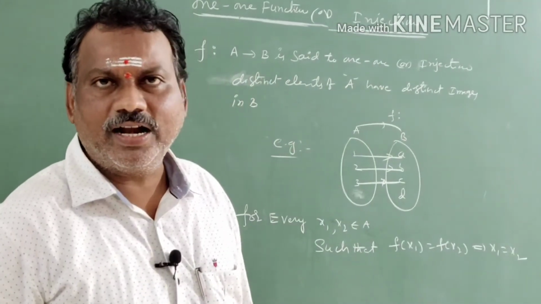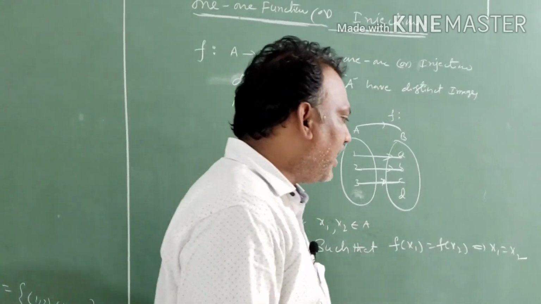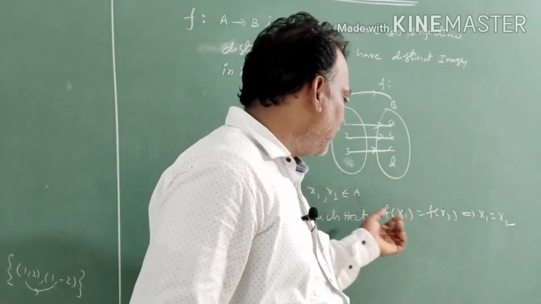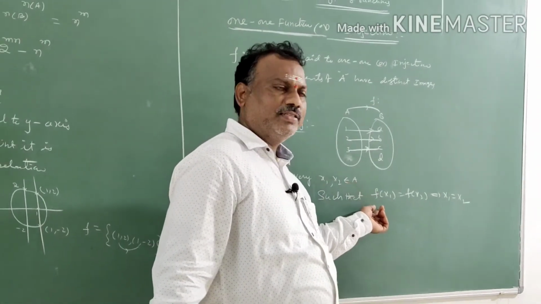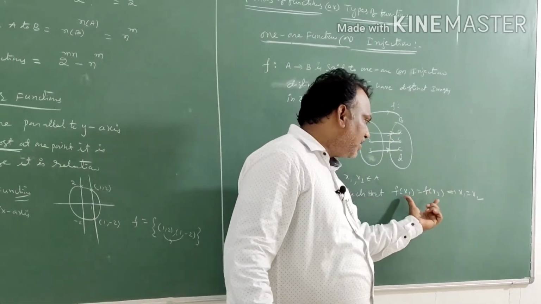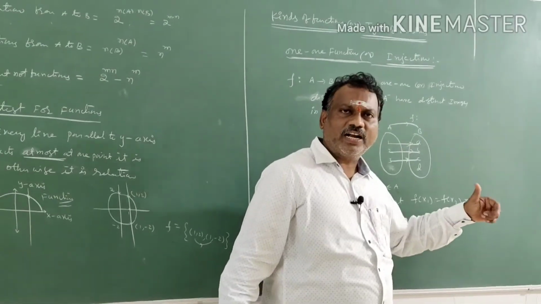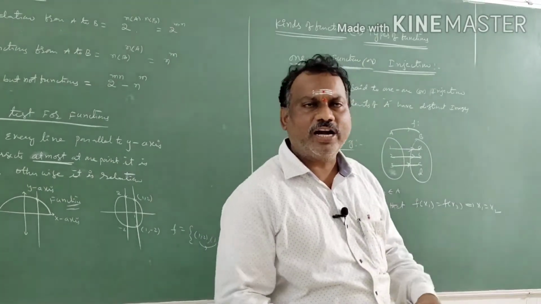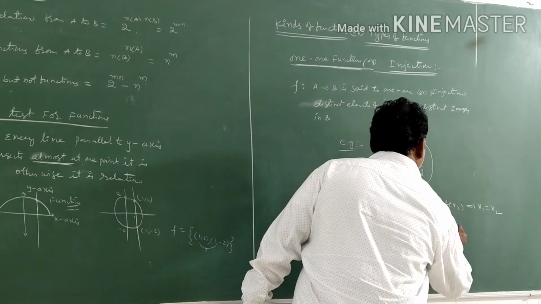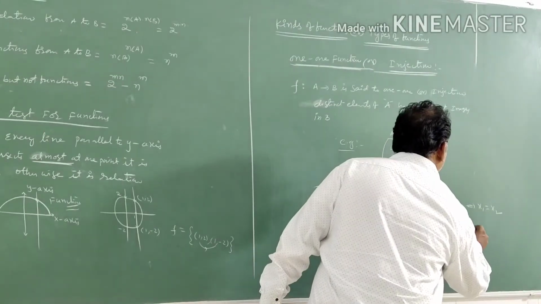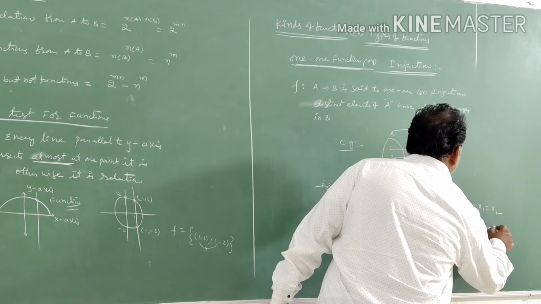This is the mathematical definition. That means x1, x2 are in the domain. If you take x1, x2 elements in the domain and the images are equal, the domain elements are also equal. If the domain elements are not equal, the images are also not equal. That condition we can also write: f of x1 is not equal to f of x2 implies x1 is not equal to x2.